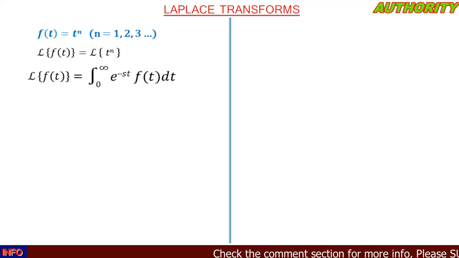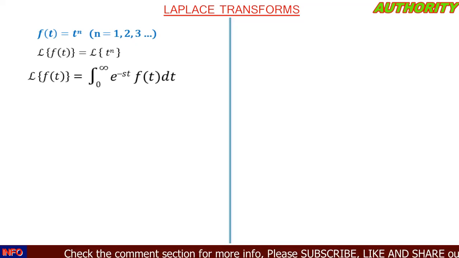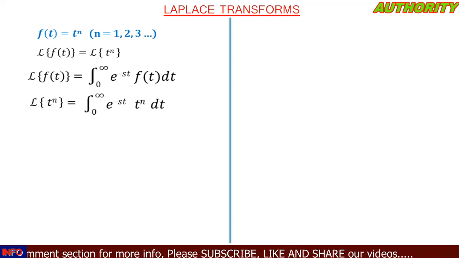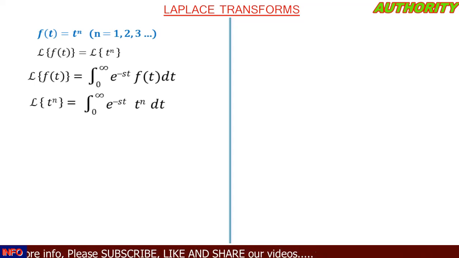So now, our f of t is t raised to power n. So the Laplace transform of t^n is the integral from 0 to infinity e raised to the power of minus st, and in place of f of t we replace it with t raised to power n, then we have dt. Okay, good.